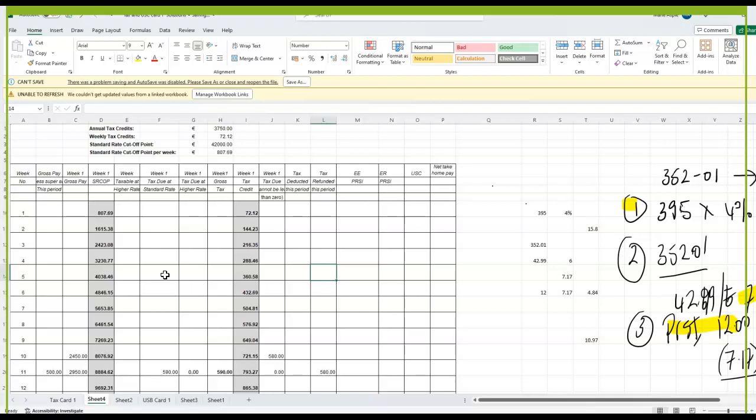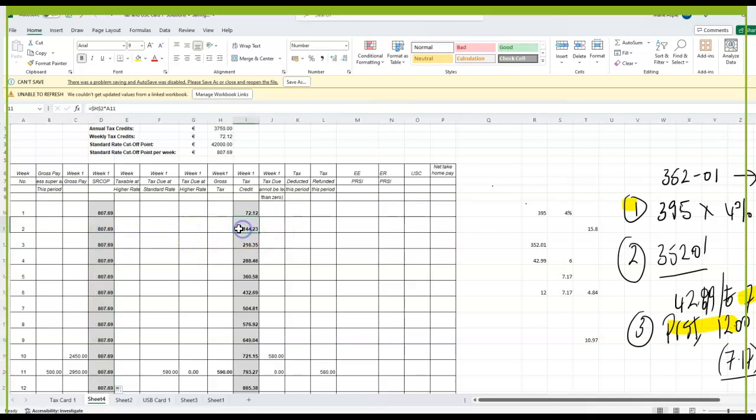Okay? So this, again, is very specific. If this person was on a week 1 basis, they would have 807.69 every week as a standard rate cut-off point. Every single week would be the same. It wouldn't be accumulated.